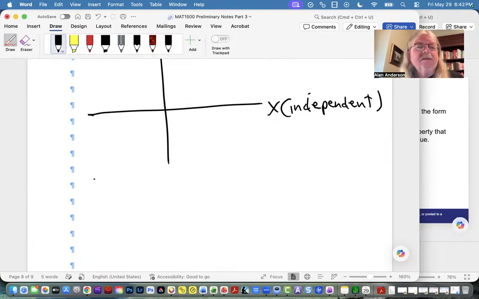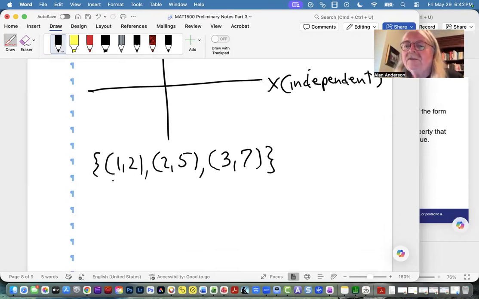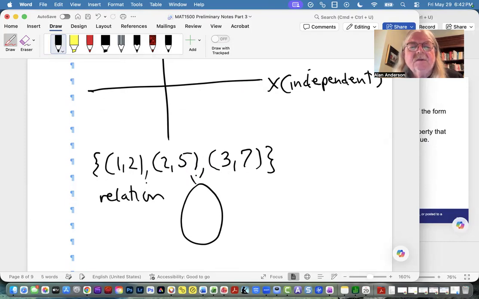For example, so this is a relation. It's automatically a relation. Just the mere fact that we have a set of ordered pairs makes it a relation. But if you notice, x, which we'll list the x's here, we have a 1, a 2, and a 3.